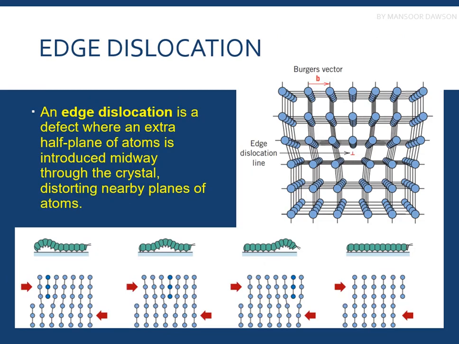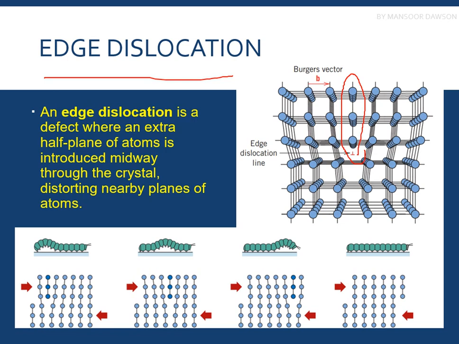In an edge dislocation, the defect is where an extra half plane of atoms is introduced midway through the crystal, distorting the nearby planes of atoms. This is another view of the edge dislocation. While we are applying stress, there is an extra half plane, this one, which is introduced with the application of force.